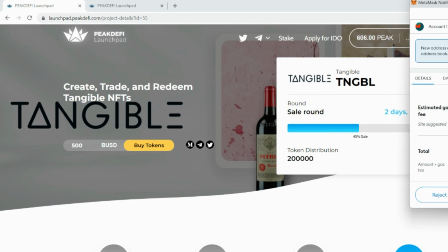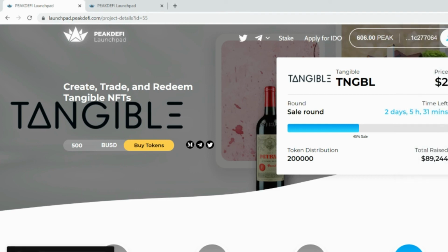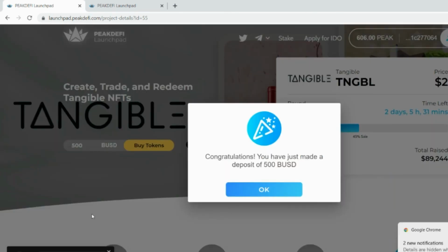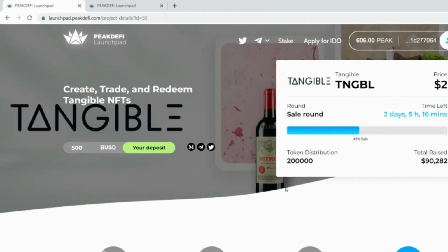For the transactions here, you also need to have BNB in your wallet, so for both transactions. So you can confirm this now. And the transaction is pending again. And now you can see we have successfully deposited 500 BUSD. And as you can see here, it worked, and I have now 500 BUSD deposited.